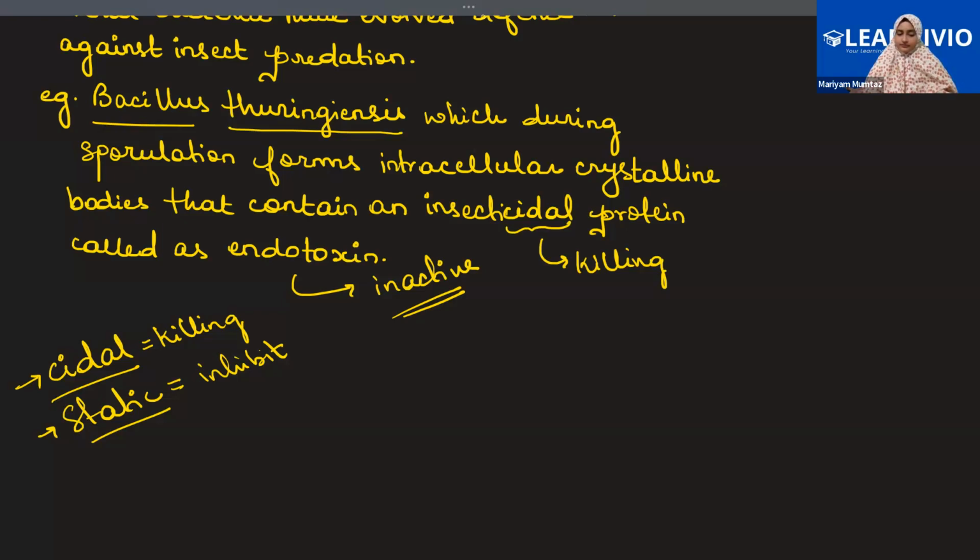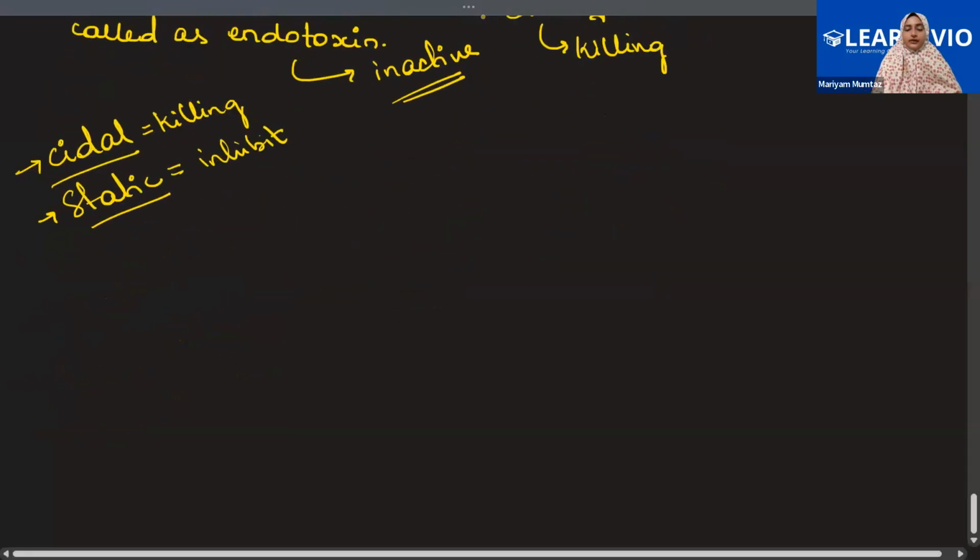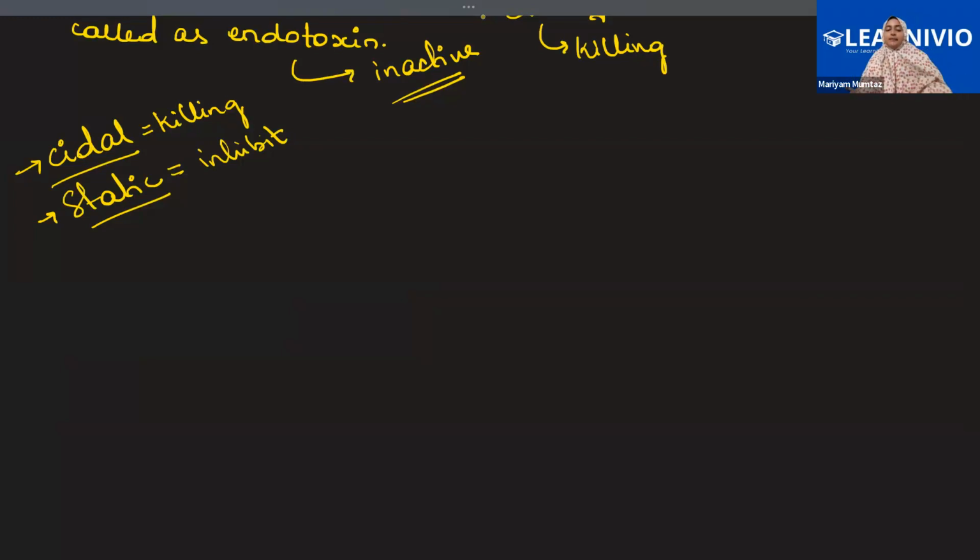Now, the next thing we are going to see is what happens when this endotoxin gets ingested by the insect. Do you understand the basic difference between alkaline and acidic?